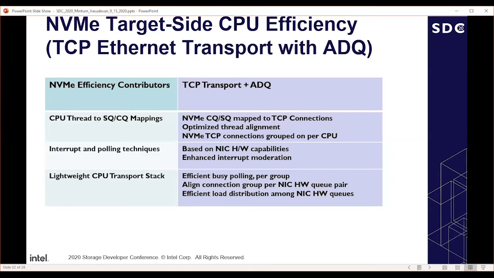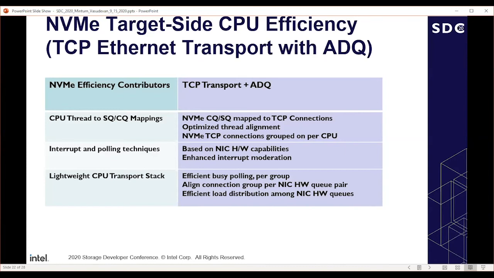As far as the lightweight transport stack goes, there is efficient busy polling, and it is per group, and we're able to align a connection group per NIC hardware queue pair.